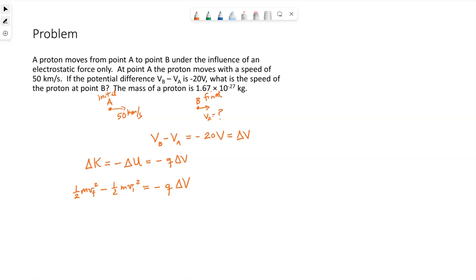So we know the mass of the proton, we know Q, the charge of a proton, so ultimately v final is our only unknown. I'm going to multiply this right-hand side first by 2 and divide by m, because that will leave me with v final squared minus v initial squared on the left side.